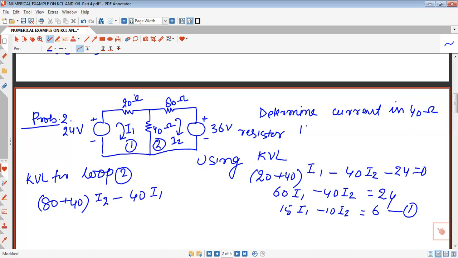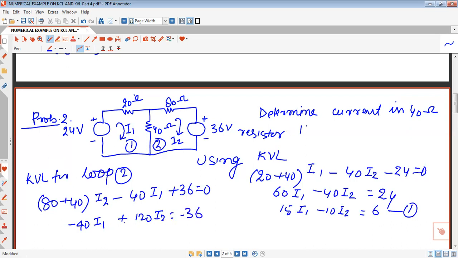When we move from here to here, the positive terminal comes first, so we write it positive, again equal to 0. So now it will be minus 40 I1 plus 120 I2 equal to 36.